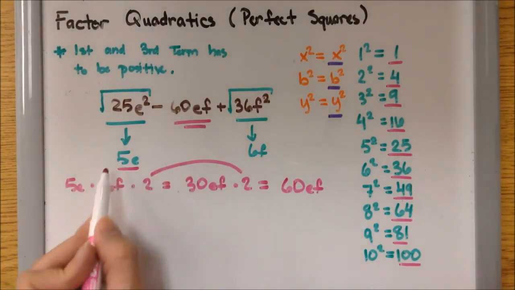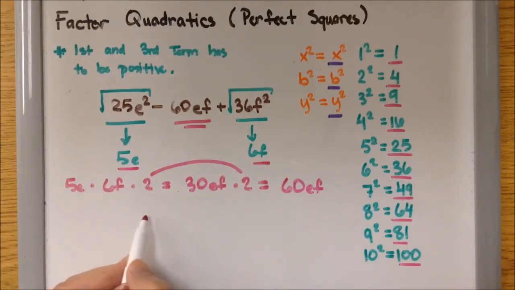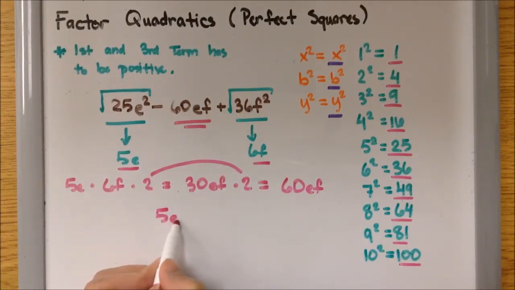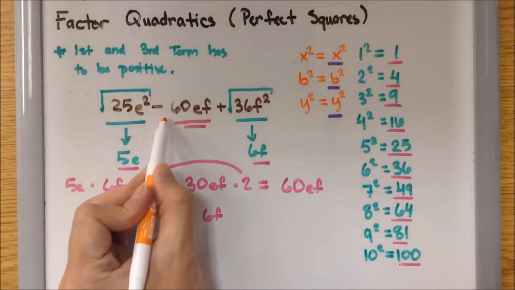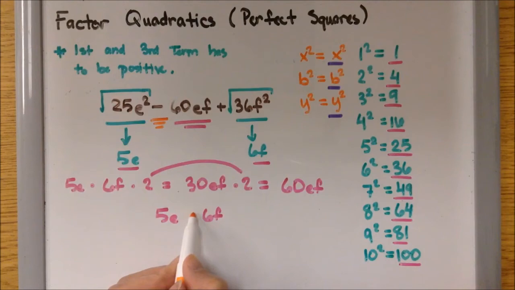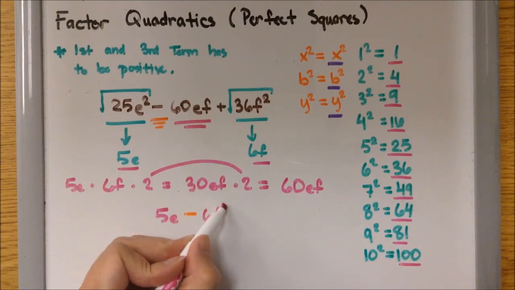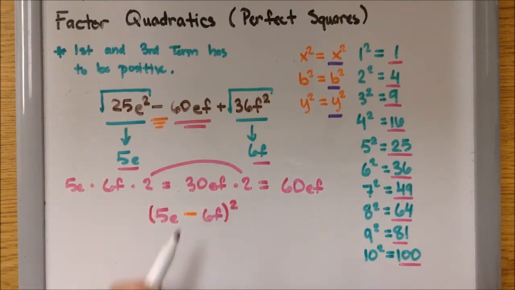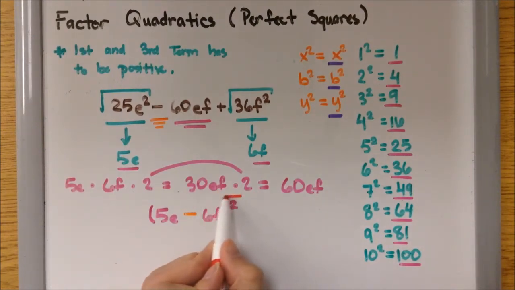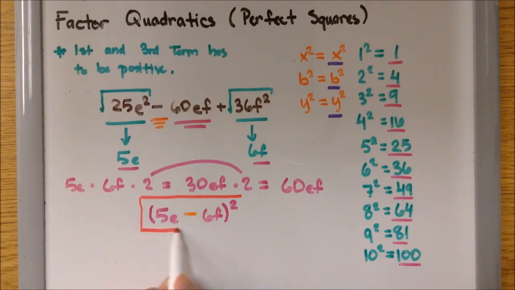So we're going to use the first term and the last term, also known as the third term, 5e and 6f. And what's in front of the middle term will be in the middle of the final answer. So include parentheses and the square. So that will be our final answer: (5e minus 6f) squared.